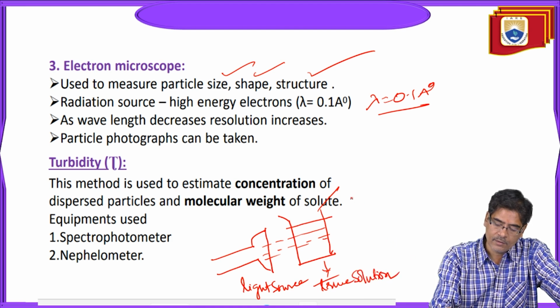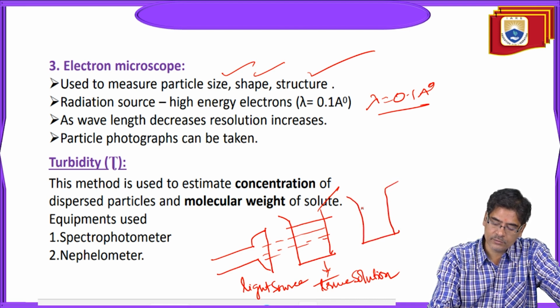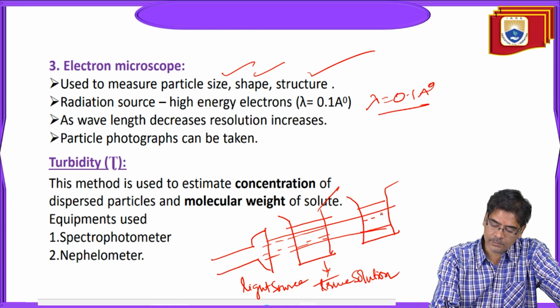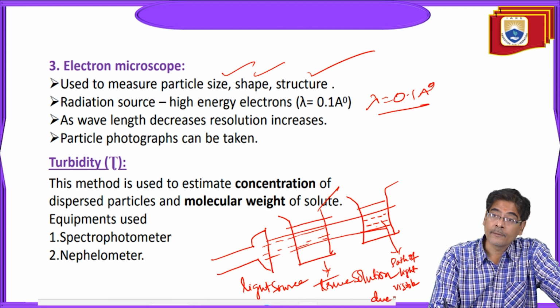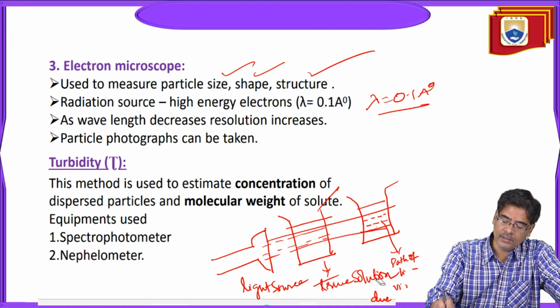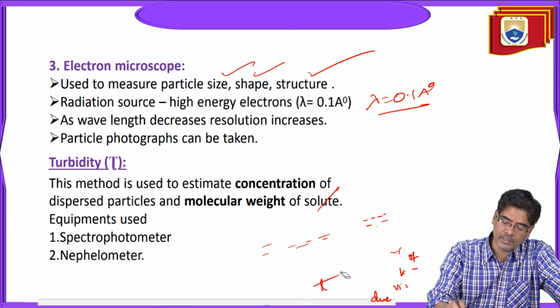We have the observation of the scattering, and this is the path of light, visible due to scattering. So this is what we see in the Tyndall effect. This is also due to light scattering.